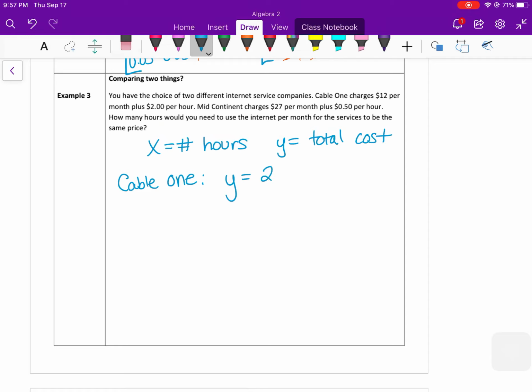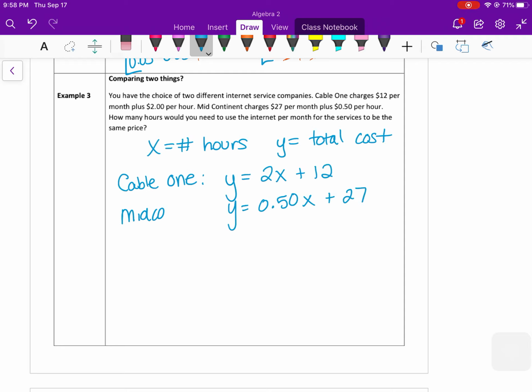So $2 per hour is $2 for every hour that you use it, plus you're paying a flat fee of $12 per month. Now Mid-Continent charges $27 per month plus 50 cents per hour. So 50 cents per hour and then a flat fee of $27.